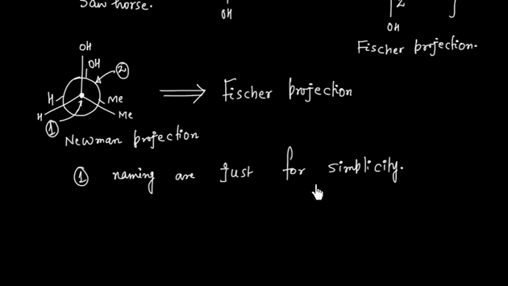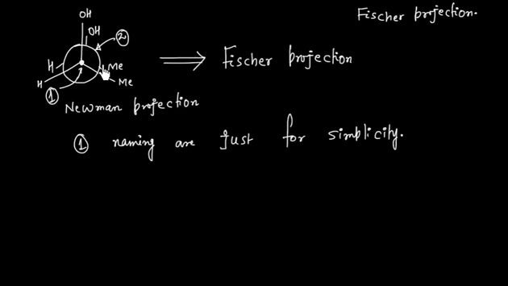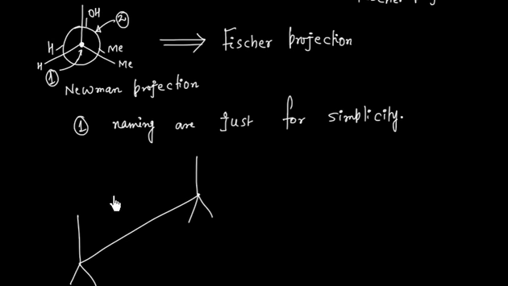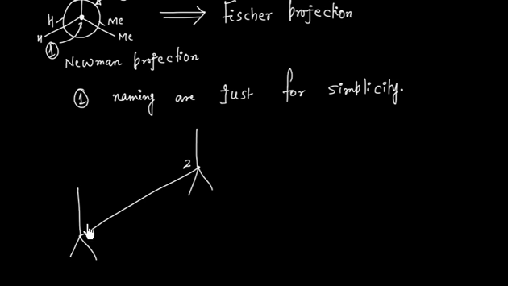So there is no rule. Now you see on the back carbon we have an inverted V, on the front carbon also we have an inverted V. So this is the back carbon, that is carbon number 2, this is 1.